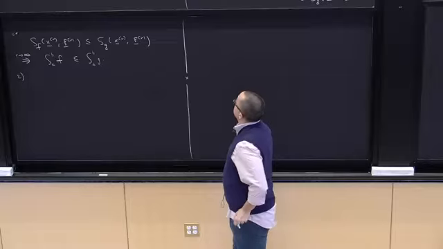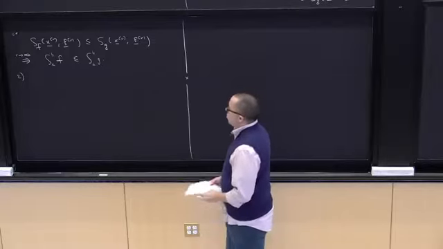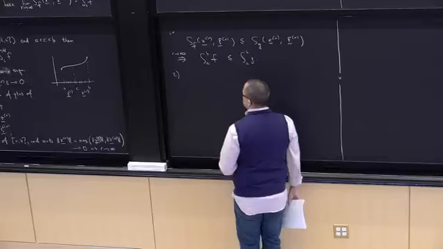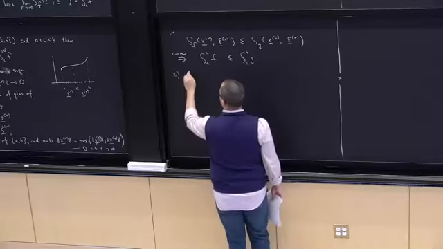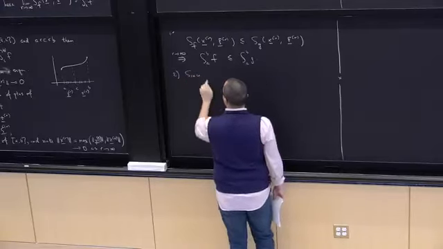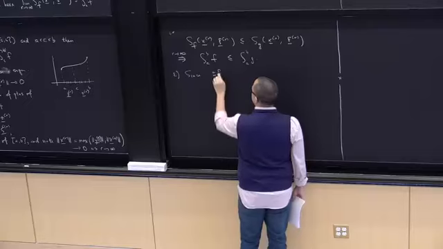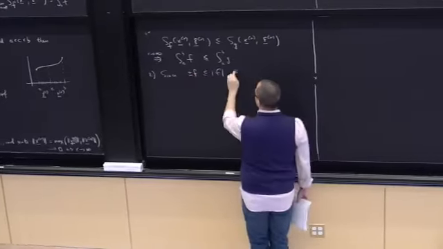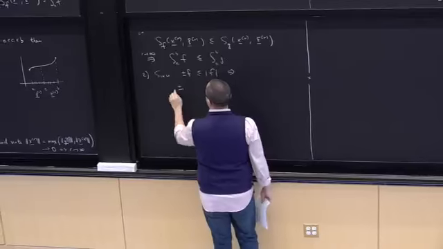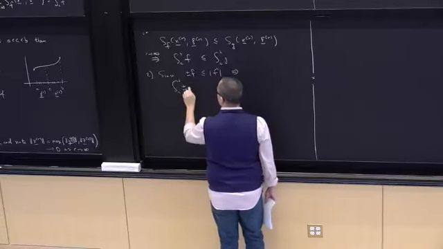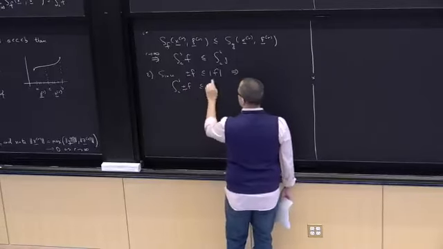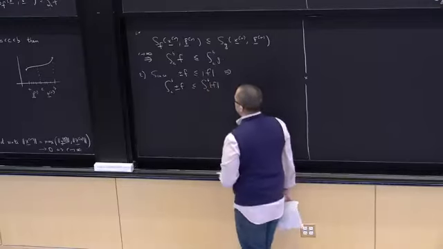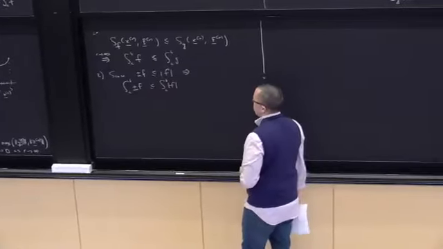All right, for number two, we get number two from number one essentially quite quickly. So since plus or minus f is less than or equal to the absolute value of f, we get that the integral of plus or minus f is less than or equal to the integral from a to b of the absolute value.